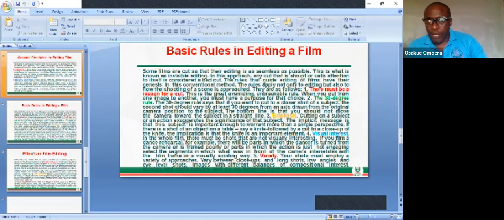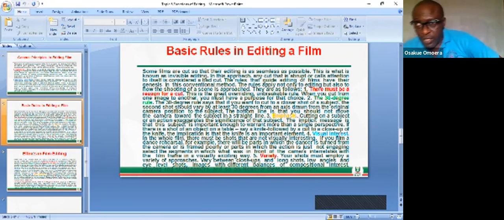A film. Some films are cut such that their editing is as seamless as possible. Basically, we know editing is all about cutting. This is what is known as invisible editing.